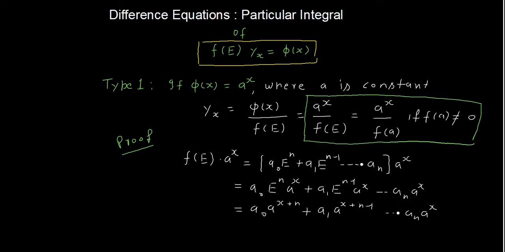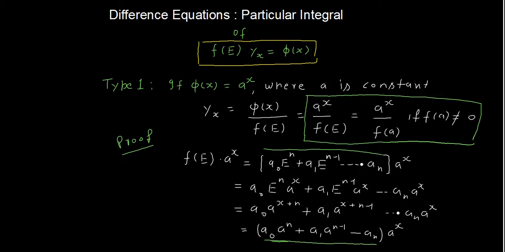If we closely observe and take a^x outside, this becomes a0 a^n + a1 a^(n-1) + ... + an inside the braces, with a^x outside.